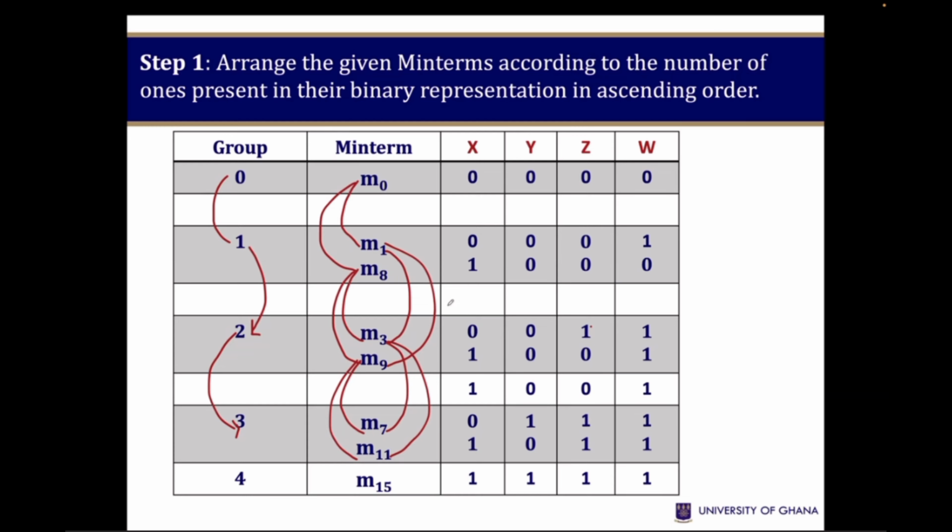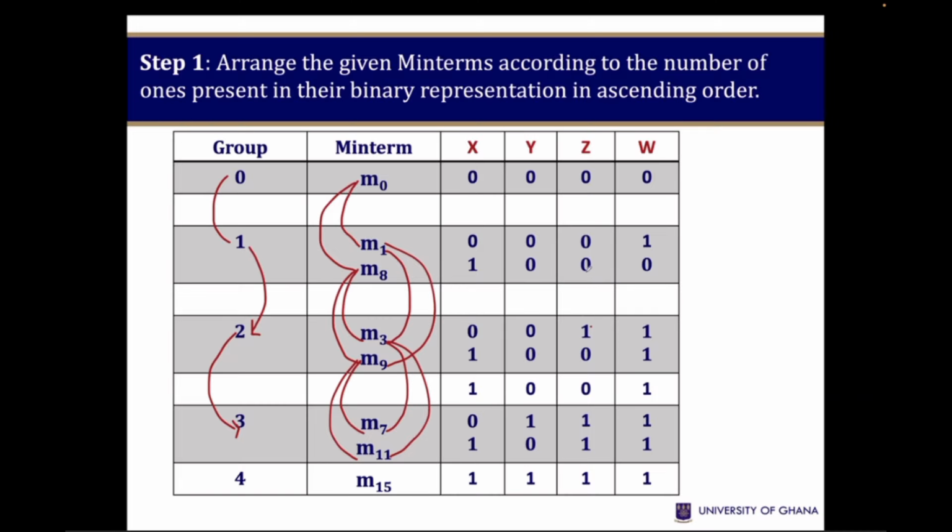Then the Z column also differs. That's why I'm a bit confused.